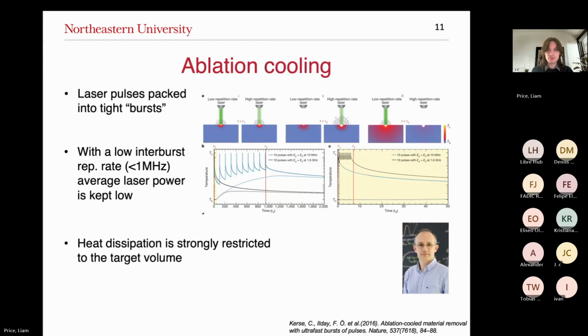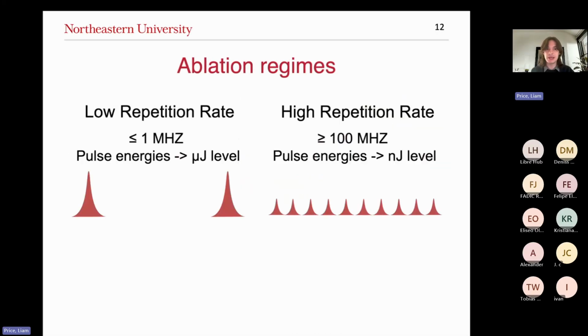And just to set the stage as far as what people typically do for ablation, I want to quickly talk about ablation regimes and how they're typically used. Usually any ablation falls into either a low repetition rate regime or a high repetition rate regime. In the low regime, you have very high energy pulses coming in at usually under a megahertz, and these high energy pulses can trigger ablation with each individual pulse, forming plasma as you send them in.